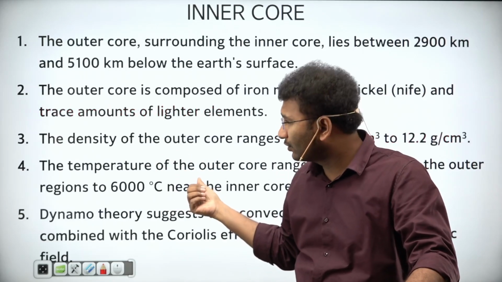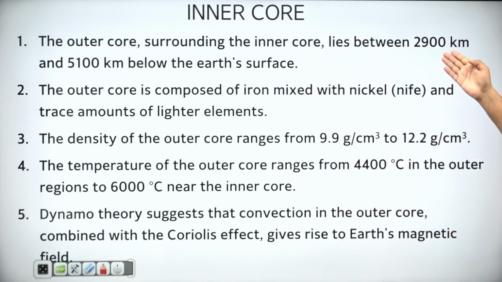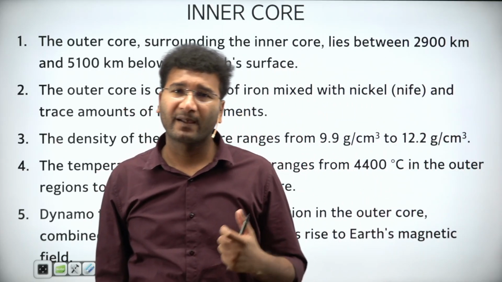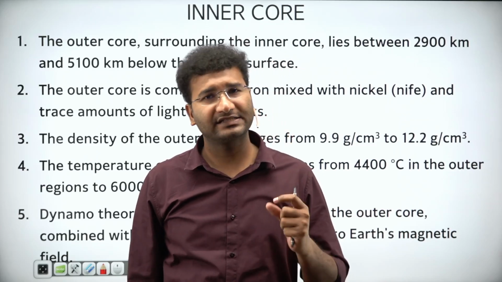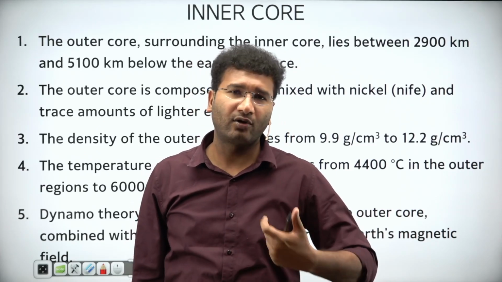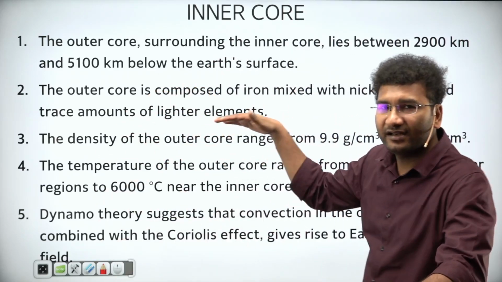And the inner core is present from 2900 to 5100 kilometers below the earth's surface. And this particular layer has more pure material. It is also made up of the same NiFe, nickel plus ferrous material. The nickel composition increases a little here, and in totality it is present at a little lower depth.